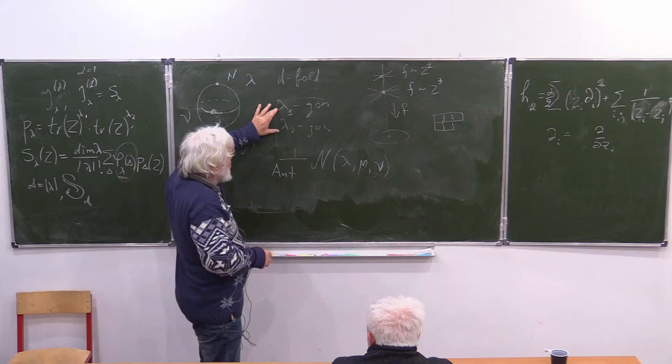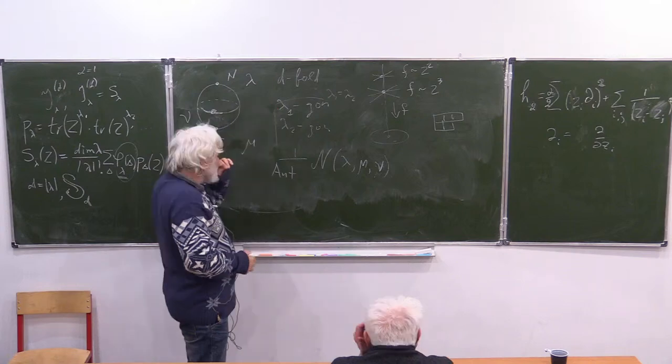Say if lambda 1 is equal to lambda 2, we can permute them. And also we identify the ways of gluing by rotating each gon. So we have lambda 1 rotations.